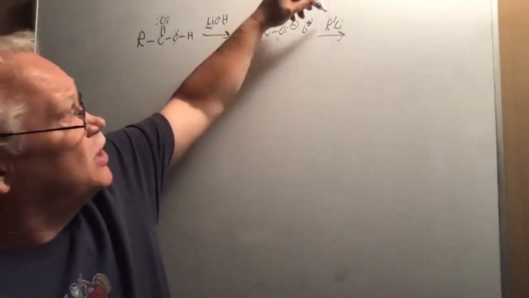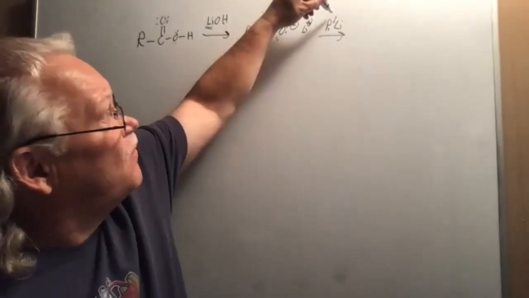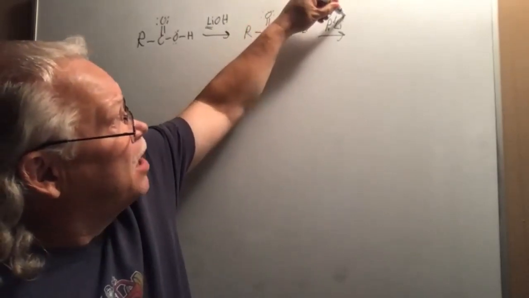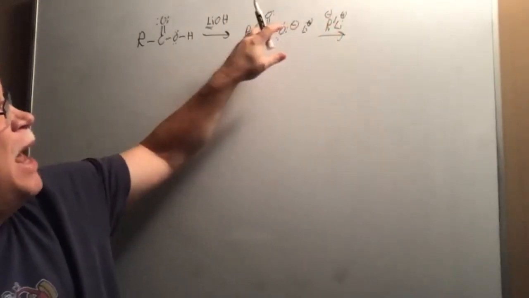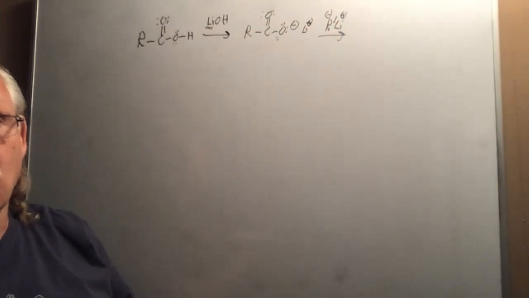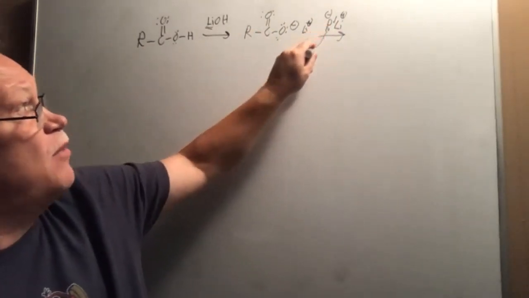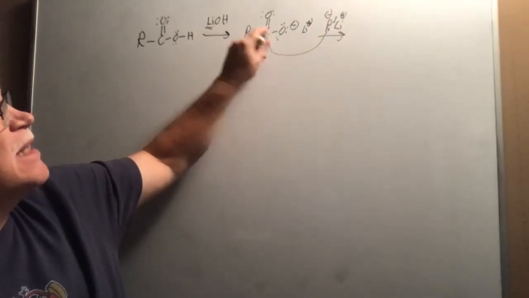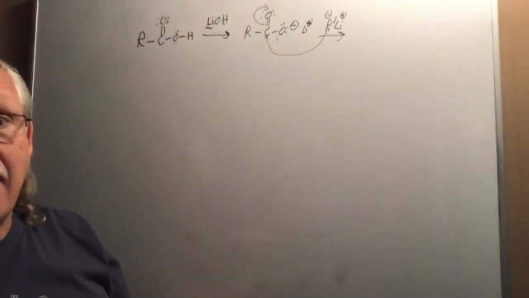Now, if you remember, this reagent is nothing more than a negative R and a positive lithium. Notice I'm using R prime because this R group does not have to be the same as this R group. So again, just like before, this is going to backside attack, kicking that pair of electrons out.